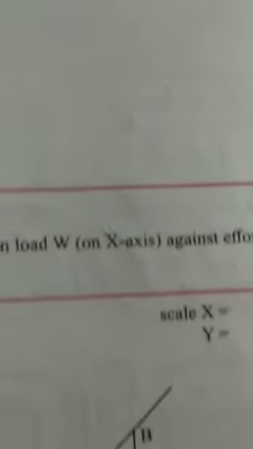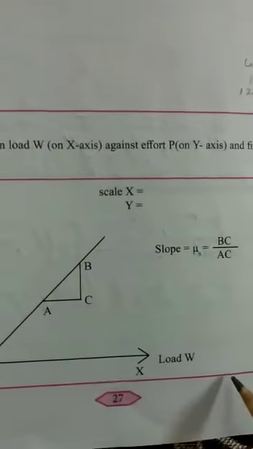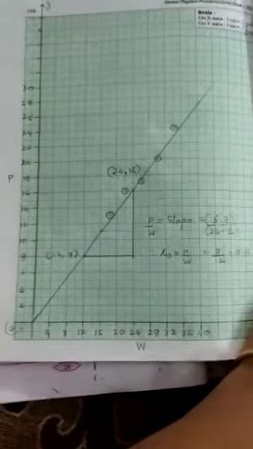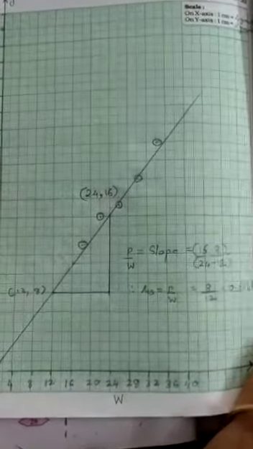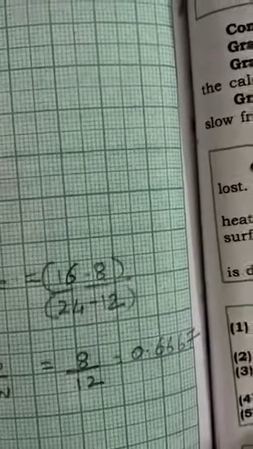Now we are going to plot a graph of effort versus the load, that is P versus W, and we get the slope as 0.6667.